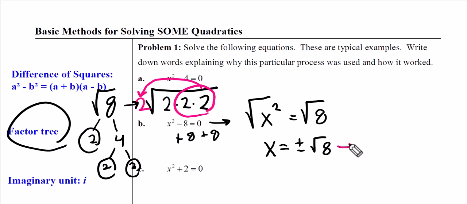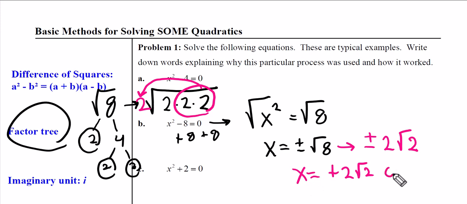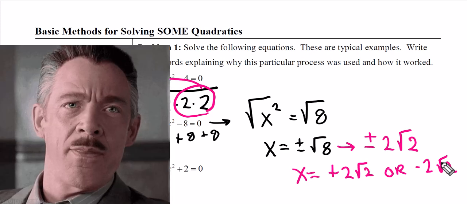So I can say that this is actually plus or minus 2 radical 2. Or in other words, you could say x is equal to positive 2 radical 2. Or it's equal to negative 2 radical 2. So those are our 2 solutions for this quadratic. You may not have done something like part B in your Algebra 1 class. Maybe you did, maybe you didn't. We're doing it now.